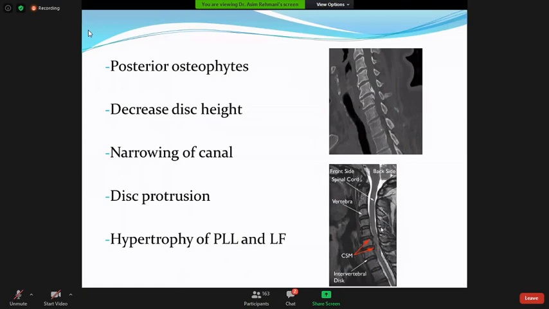This is a sagittal T2 weighted MRI of the cervical spine showing the same patient with disc herniation at the levels of C5-6 and C6-7. You can see the flow of CSF in front of and behind the spinal cord at the level of C2 and at the level of C7.